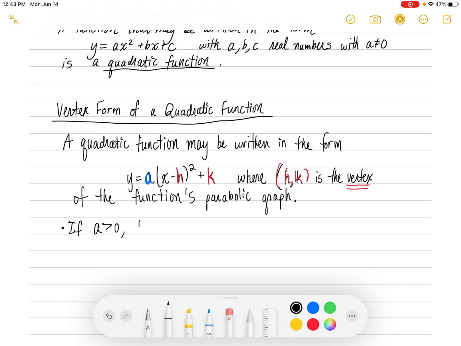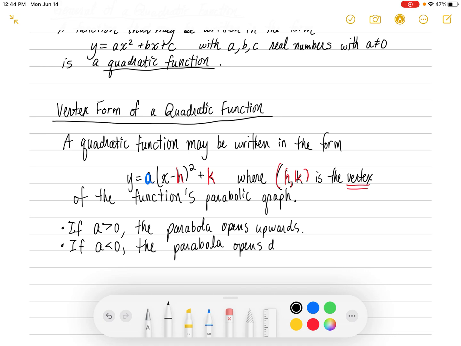So I'll write, if a is positive, the parabola opens upwards. If a is negative, the parabola opens downwards.